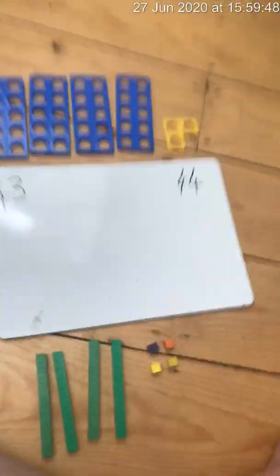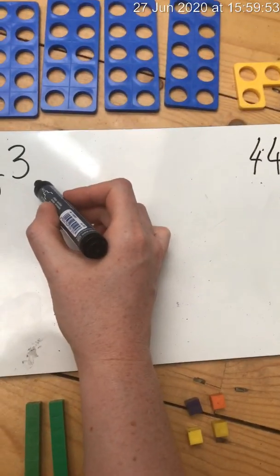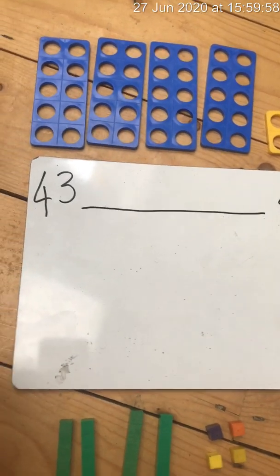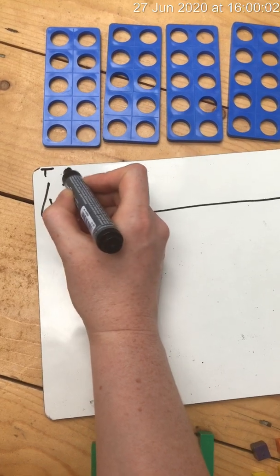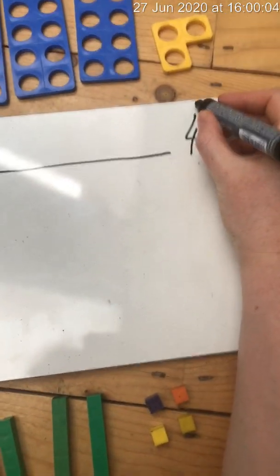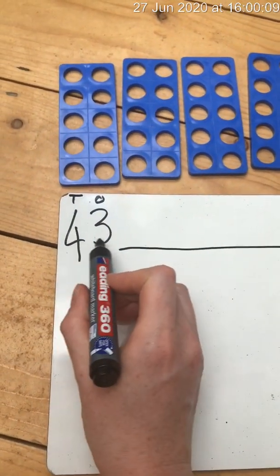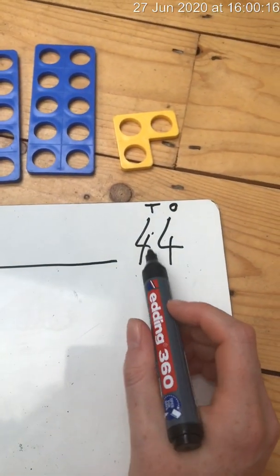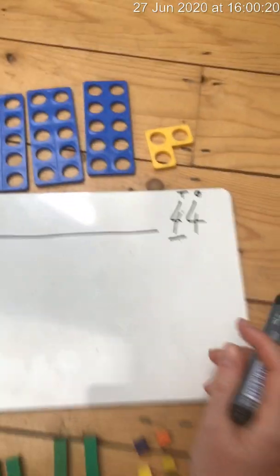Now we need to compare these numbers. So I'm going to draw my line here in the middle for me to write greater than or less than. I'm going to put our tens and ones at the top so we can remind ourselves. So how many tens does 43 have? It's got 4 tens, doesn't it? How many tens does our 44 have? 4 tens.